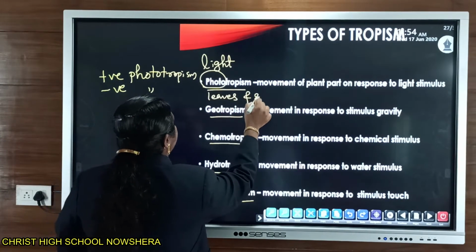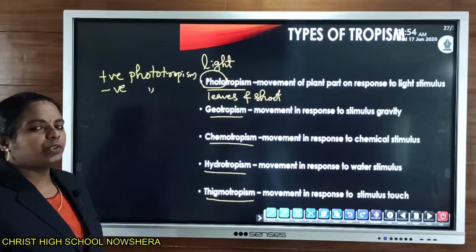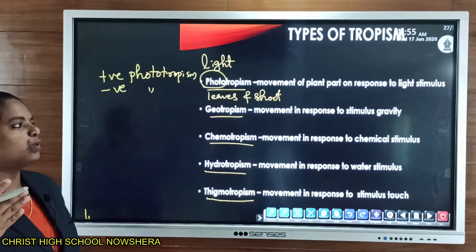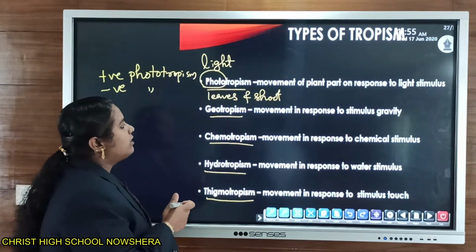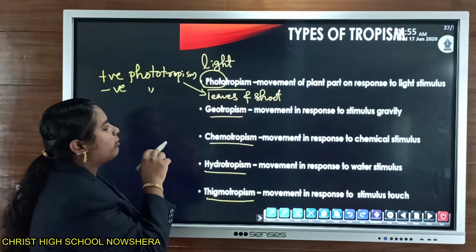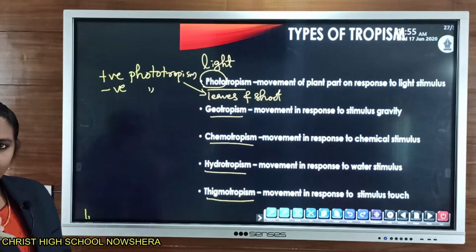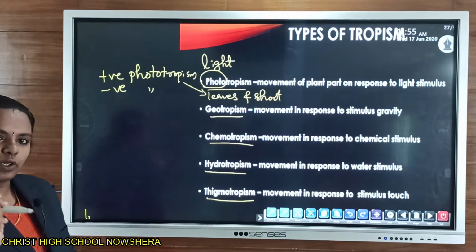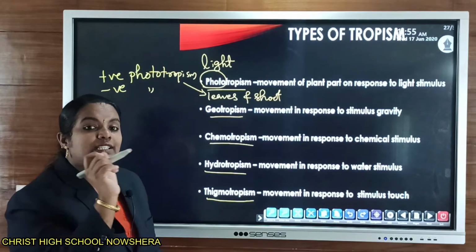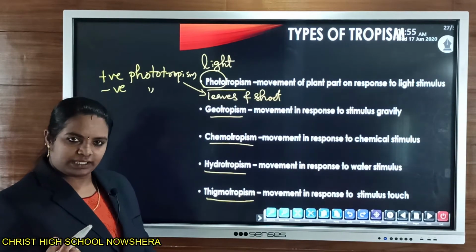leaves as well as the shoot of the plant, which normally move towards the source of light. So we can say that leaves and shoots show positive phototropic movement, because they move towards the source of sunlight.